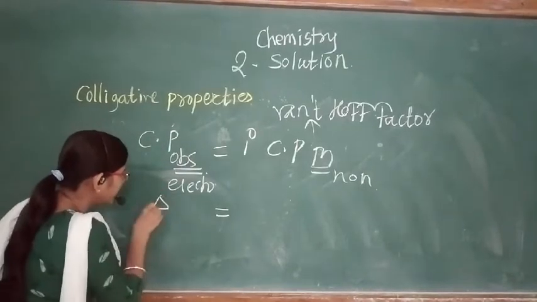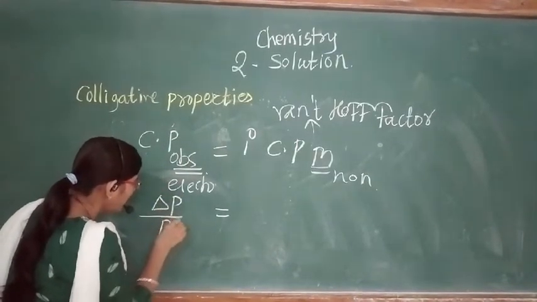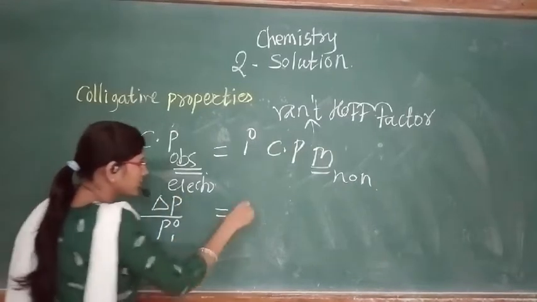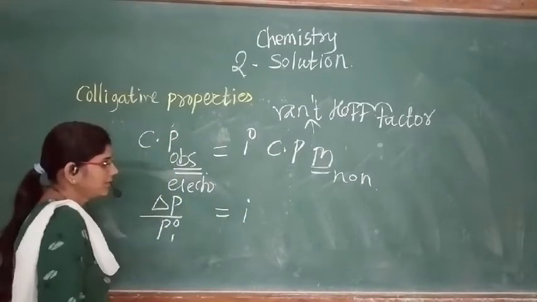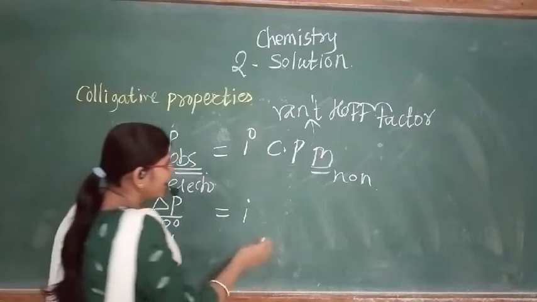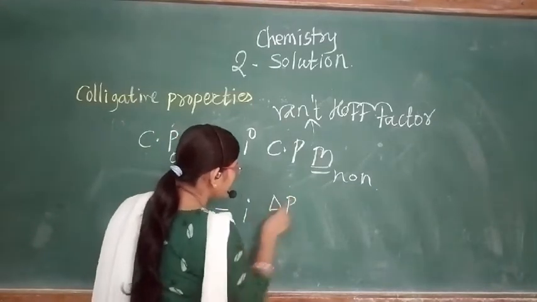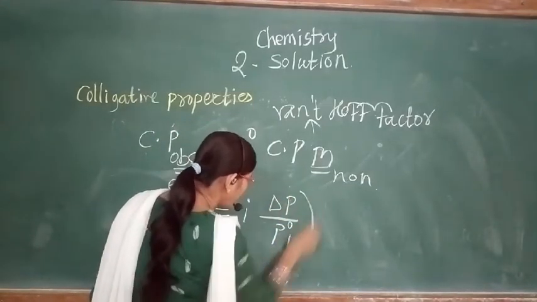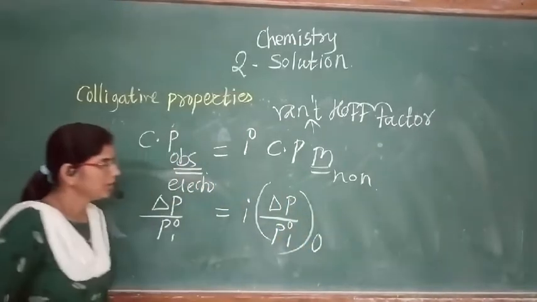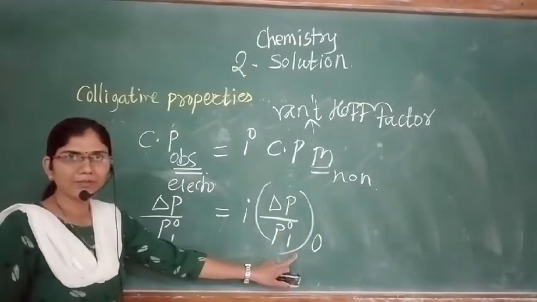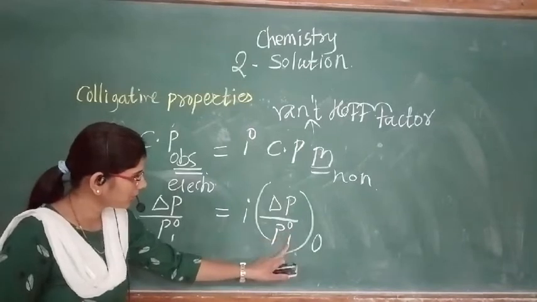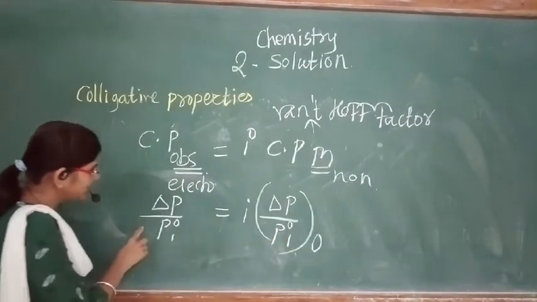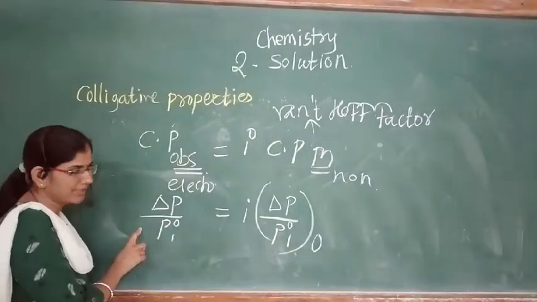That means observed colligative property, delta P upon P naught 1, is equal to i into the theoretical delta P upon P naught 1 zero.